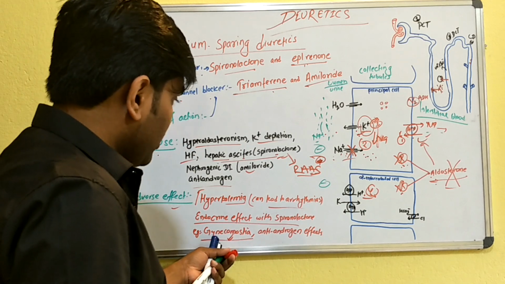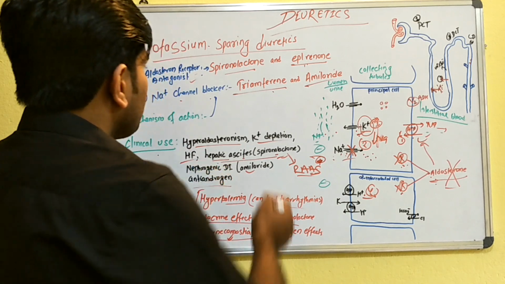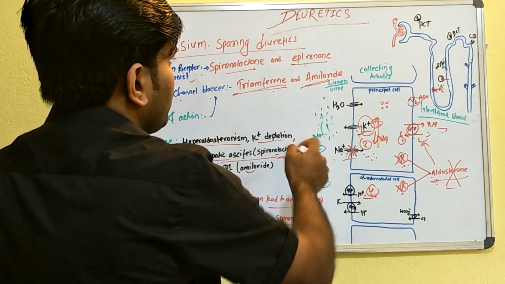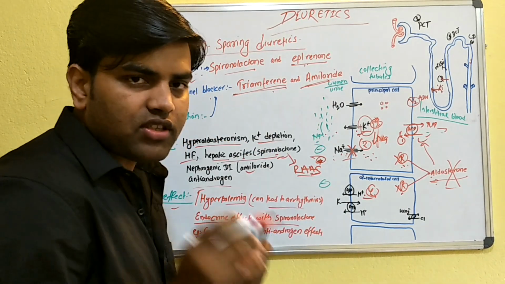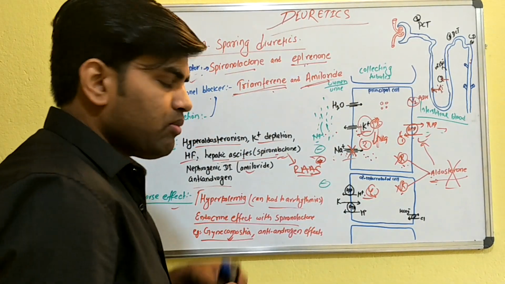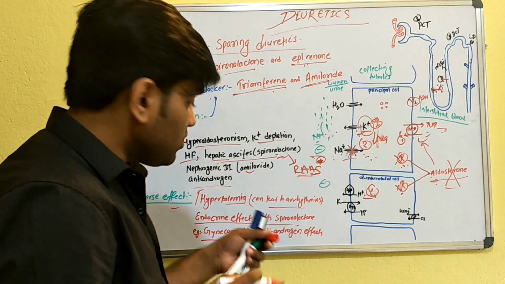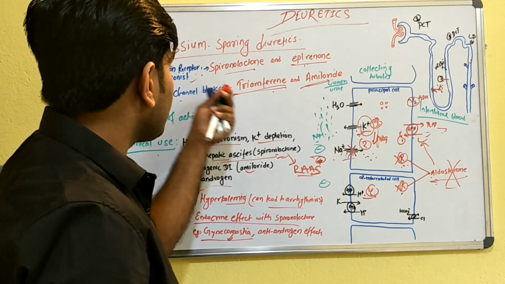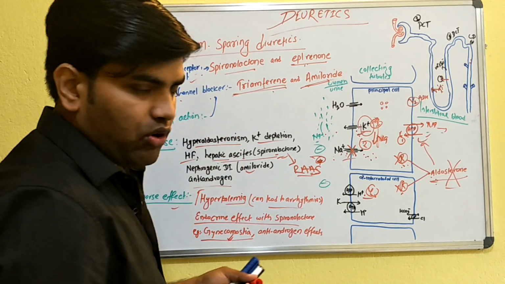So spironolactone use can lead to gynecomastia. This is especially a spironolactone side effect. So in this case, if a patient develops painful gynecomastia, you may go to triamterene and amiloride as the potassium sparing diuretics. This is not a side effect of the sodium channel blockers. It is of the aldosterone receptor antagonist.